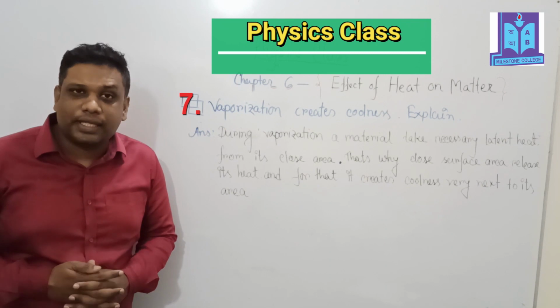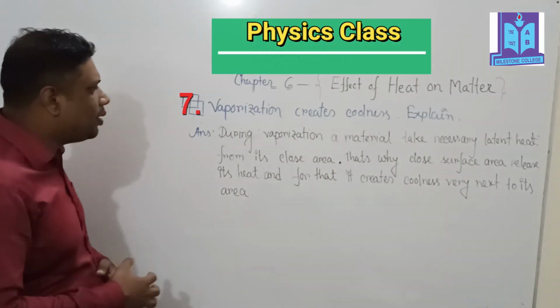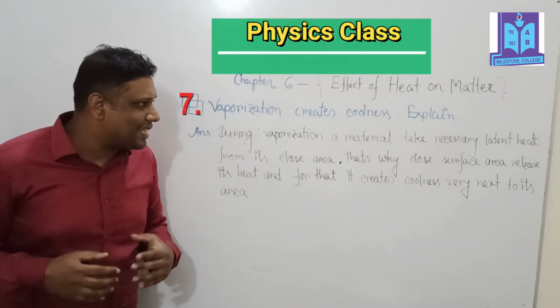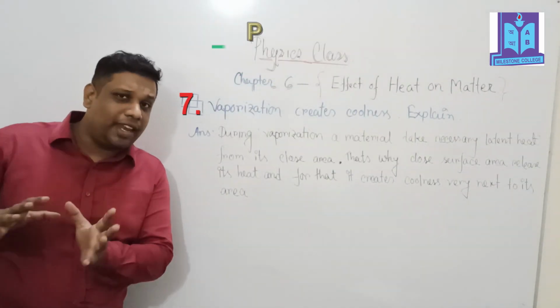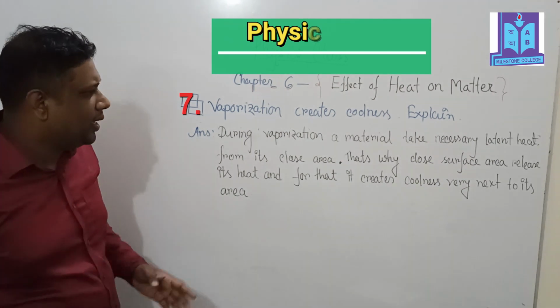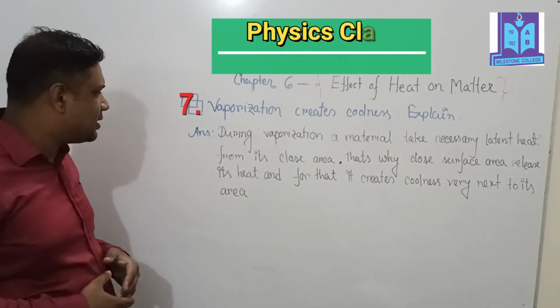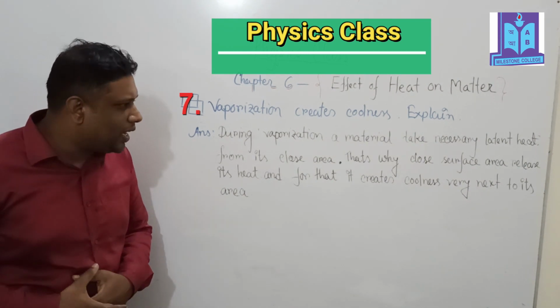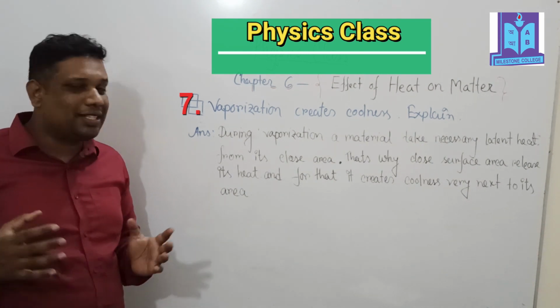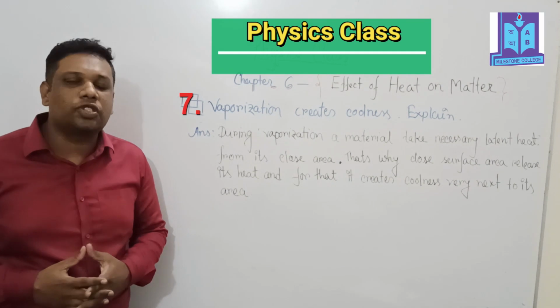Again I explain, during vaporization a material takes necessary latent heat from its closed area, which is very next to it. That's why the closed surface area releases its heat, and for that it creates coolness next to its area. This is the answer to this question, my dear students.